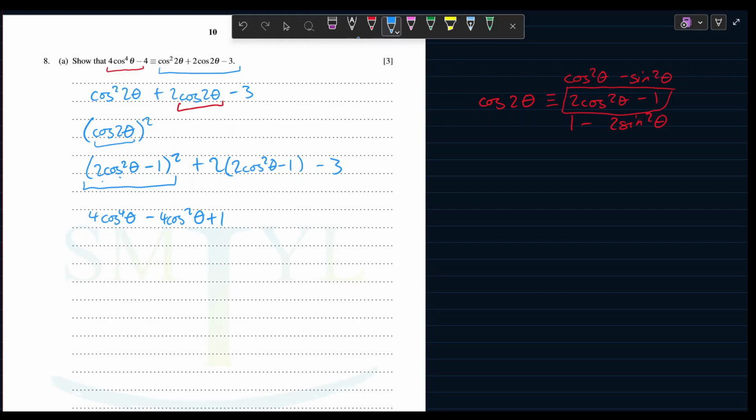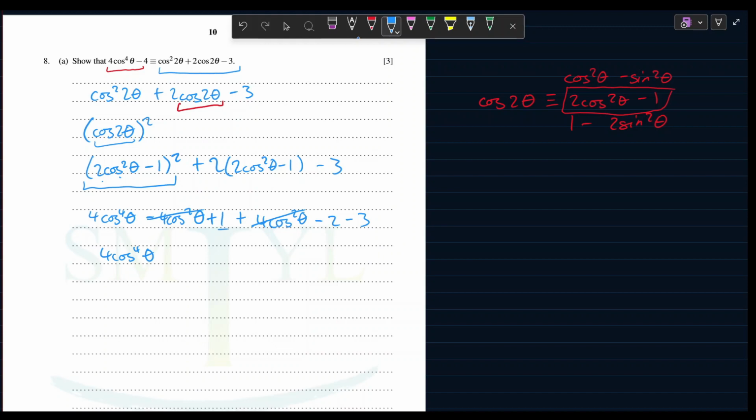And then here we've got plus 2 times 2 cos squared theta, that's going to be 4 cos squared theta. And then 2 times minus 1, that's minus 2, and this is minus 3. So what we have is 4 cos to the 4 theta, and then minus 4 cos squared cancels out with positive 4 cos squared.